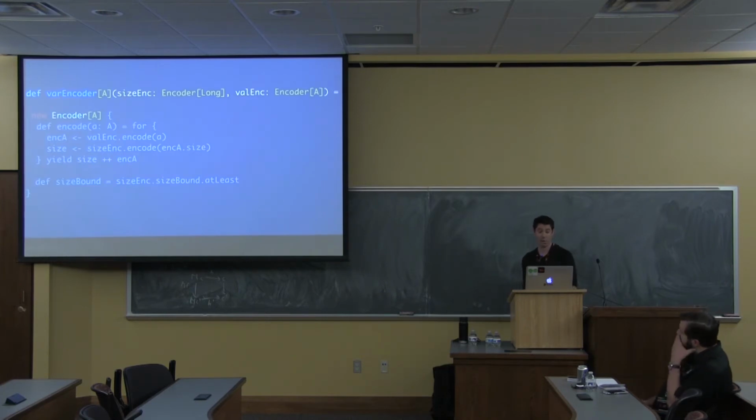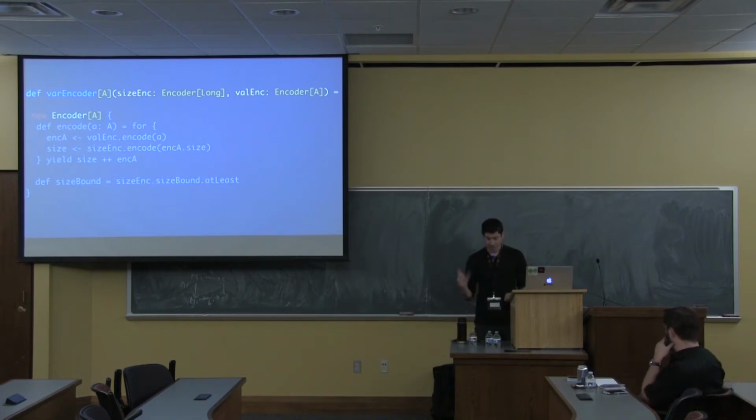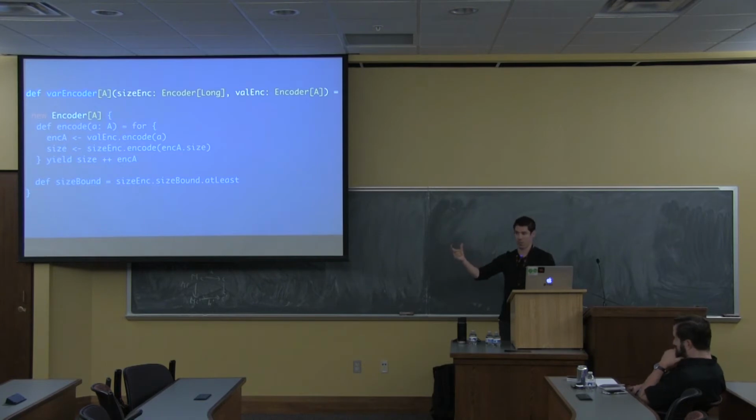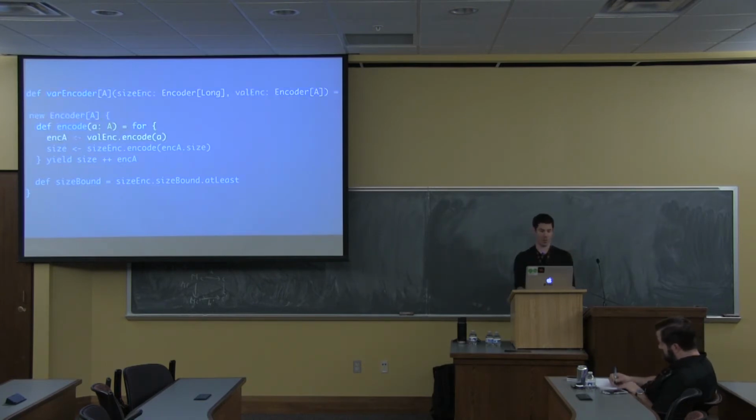We're going to call it VarEncoder. It's going to derive a codec from two other codecs. The first one is going to represent the sizing codec for the length of whatever our other one produces. If that sounds confusing, it'll make more sense when I show the method. So encode again takes an A, maybe a string, and we're going to encode it.